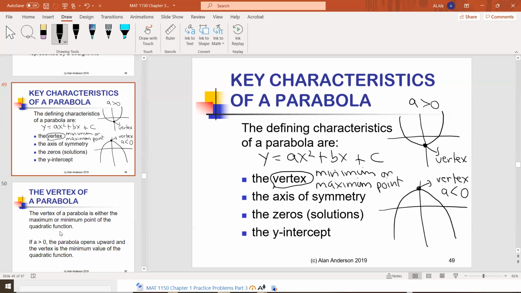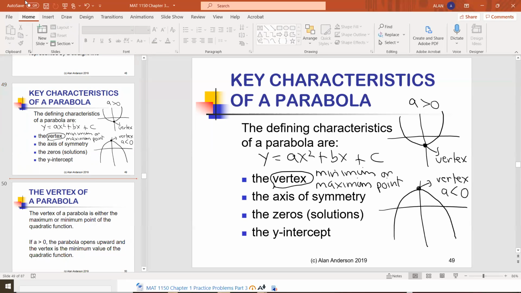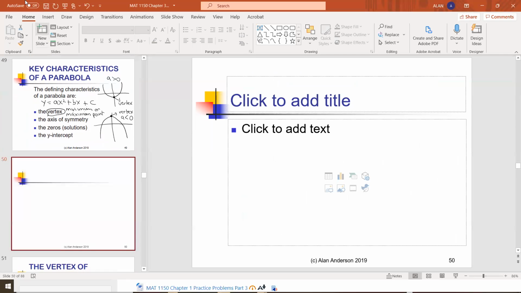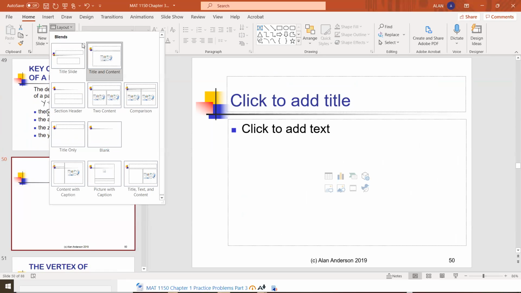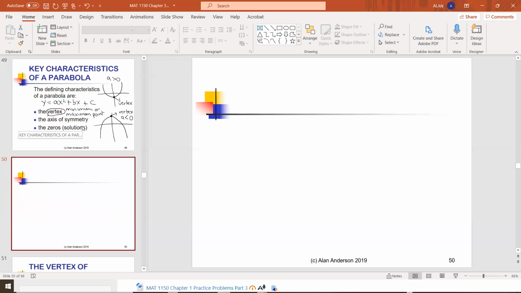Now, the question is, how do we identify it? And by the way, I do want to point out, the way I've been drawing these parabolas, it looks like they always have their vertex on the vertical axis. It doesn't have to work that way. Let me show you a couple of other examples. There's nothing to stop our parabola from looking like this, for example.